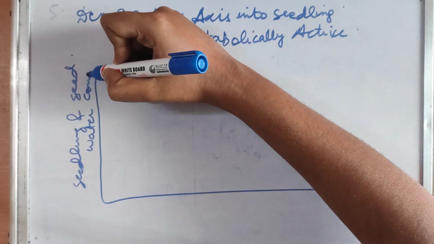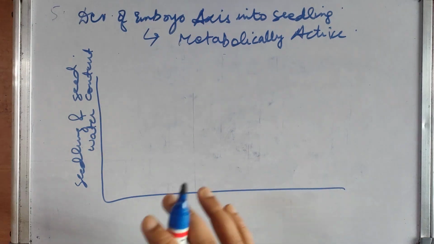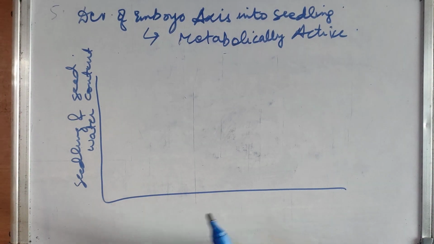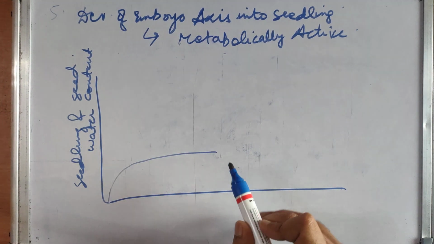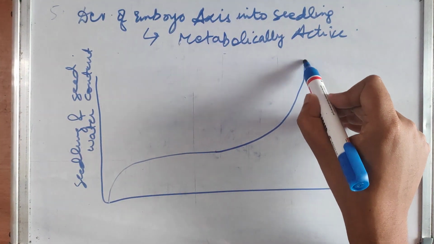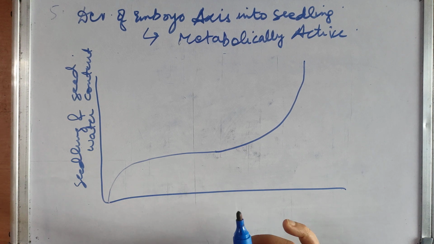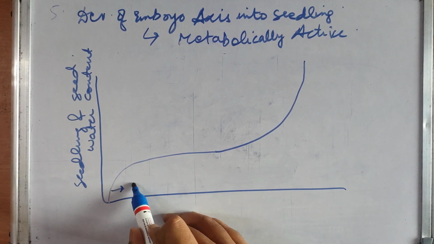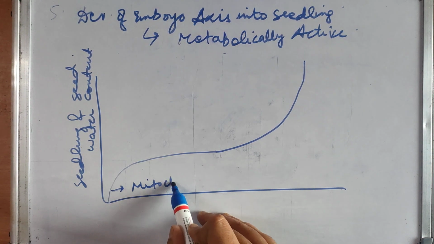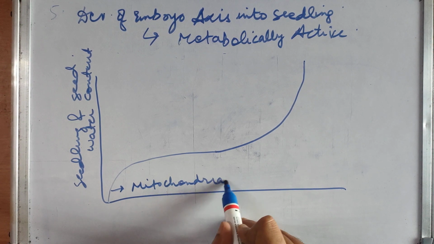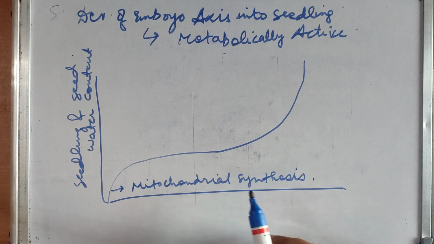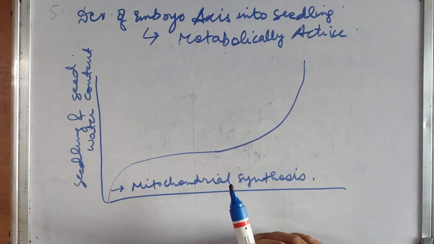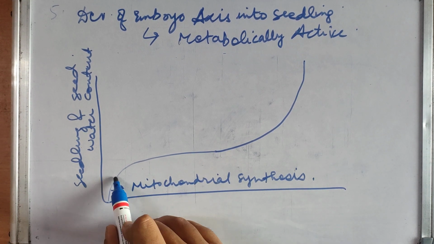Here we'll discuss how water content increases in the seed and how the development process starts. Let it be a graph like this. The first process is mitochondrial synthesis. Mitochondrial synthesis starts. Second process, transcription and translation of mRNA.